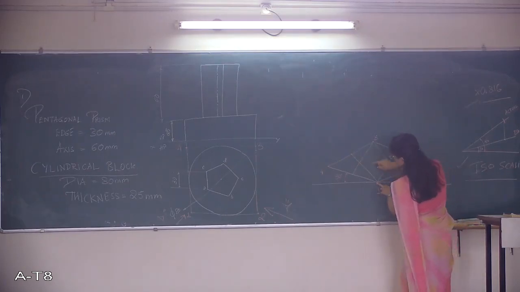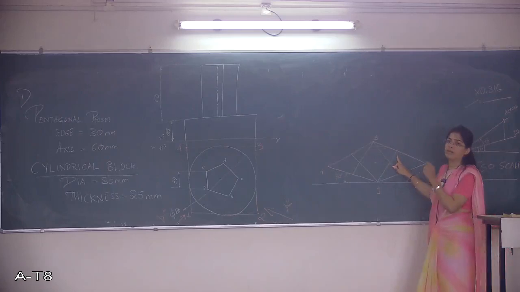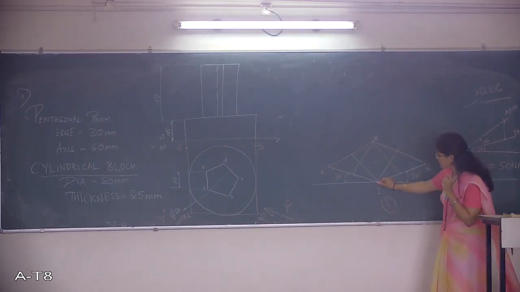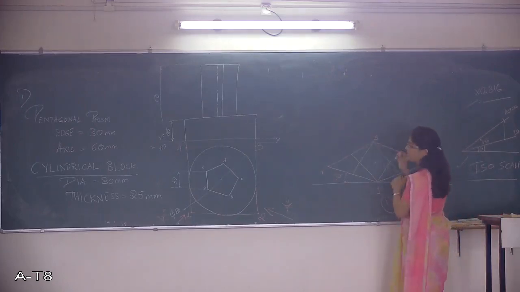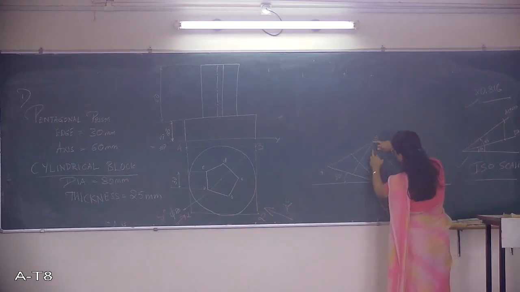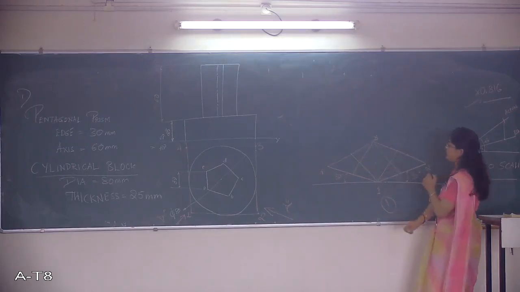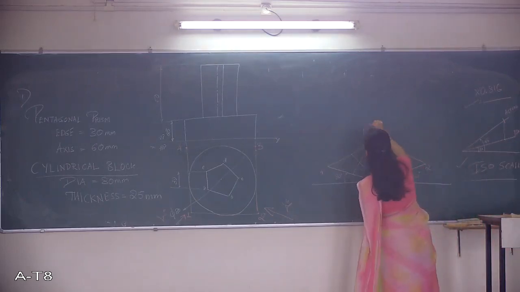By taking this as the radius, you join the other end. So this is center 1, that is this point. Next, go to the opposite side. This is the second center, center 2. From here, take the compass and by taking this as the radius, you draw the other arc. So this was my center number 2.